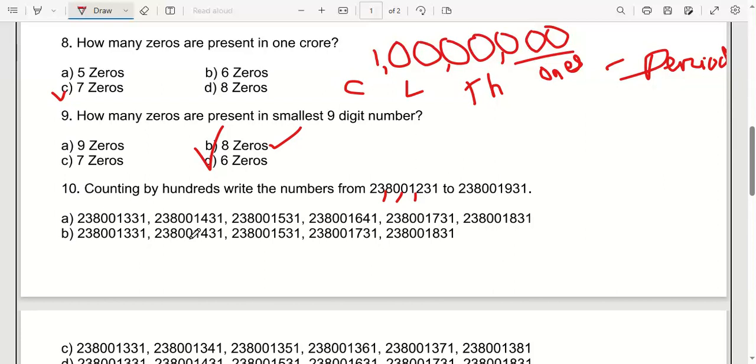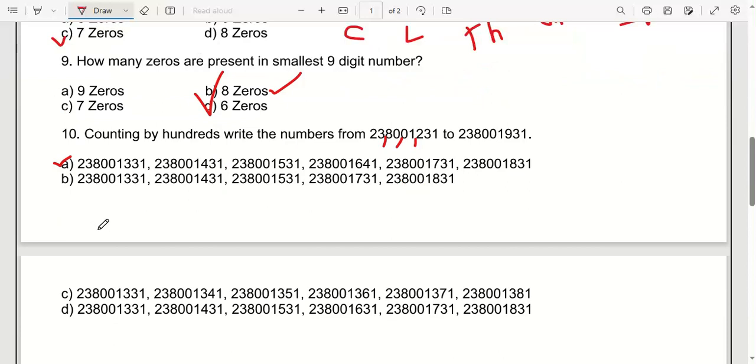Then 200, 300, 400, 500, 600, 700, 800. The correct option is option number 1, that is A. First 3 digits, then 2, then 2, yes, 23.